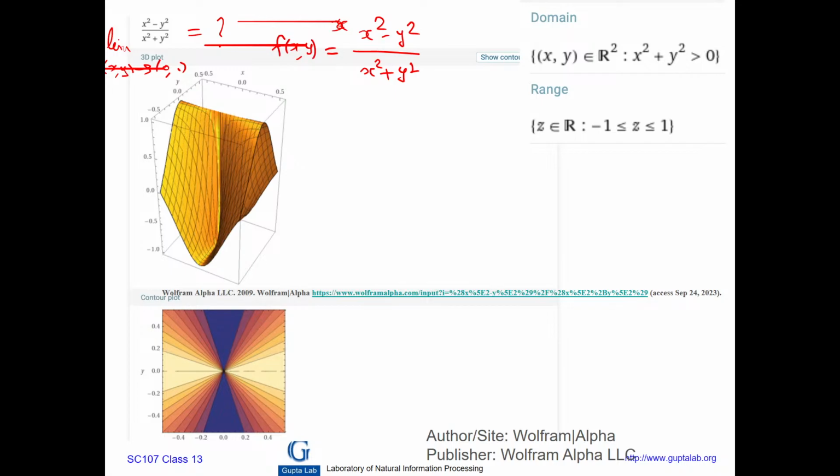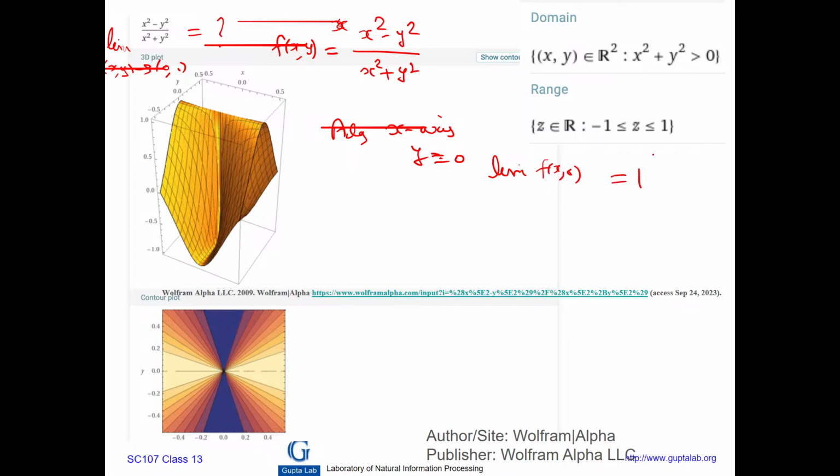So along the x-axis, when y is equal to 0, this limit, basically of f(x, 0), will be 1.